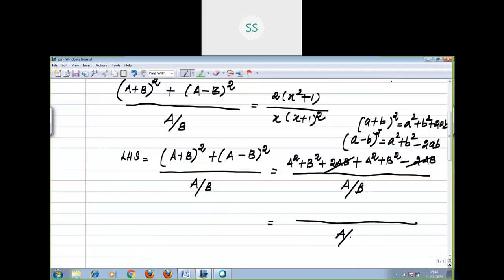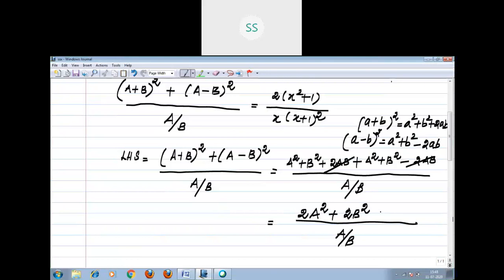Which is equal to, see here, a square plus a square, that is 2 times a square, again b square plus b square, 2 times b square. The addition you write in terms of multiplication. 1 a square plus 1 a square means 2 a square.